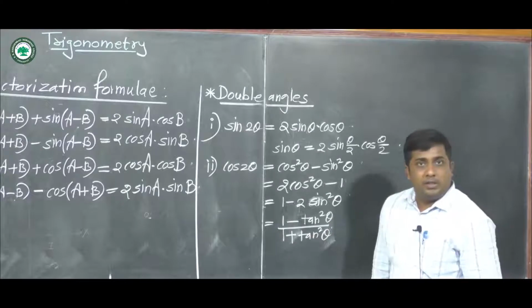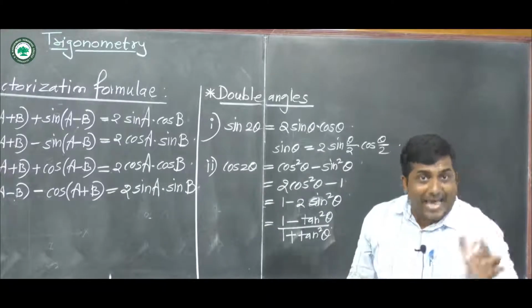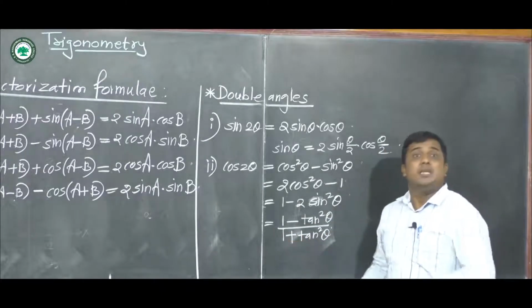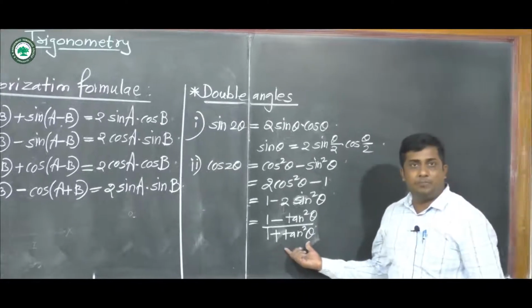Remember, if we have to write cos 2 theta in the form of tan, I write this as 1 minus tan square theta upon 1 plus tan square theta.